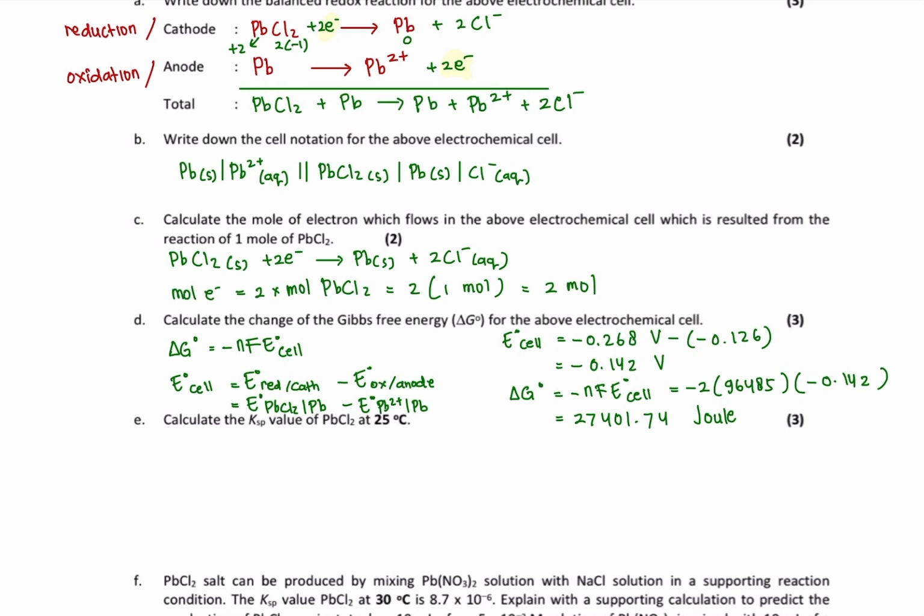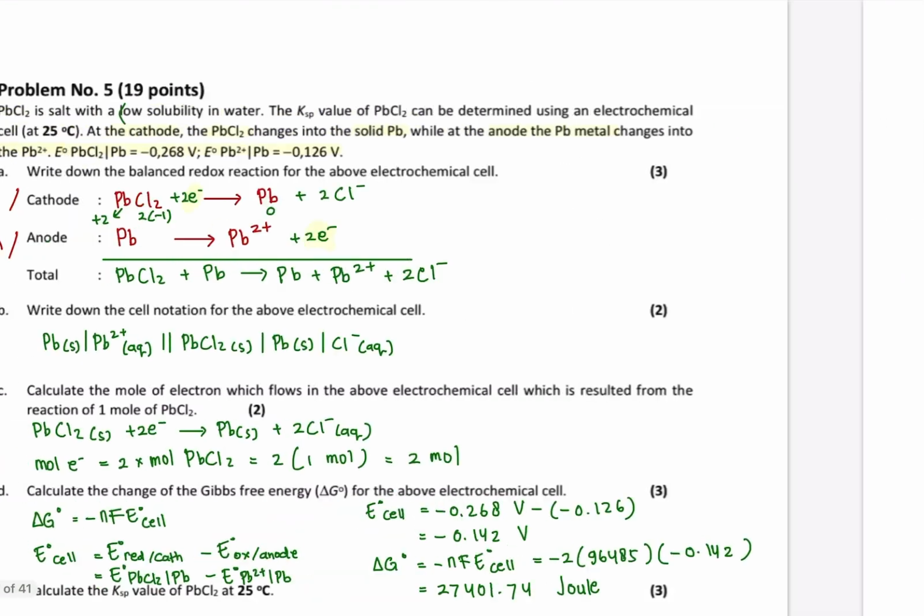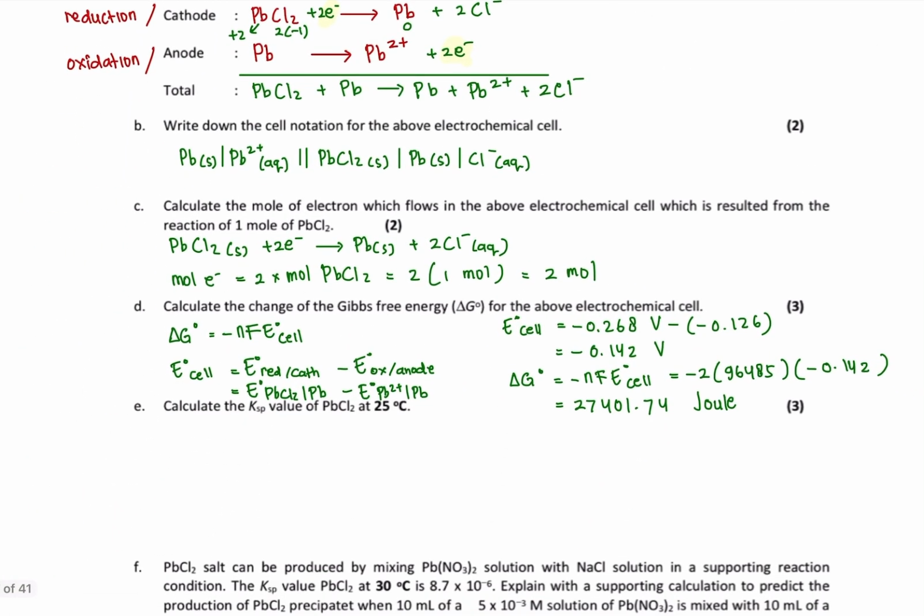If we want to calculate the K related to the reaction in the electrochemical cell, then what we do is, for example, for the total reaction, we can write this down: PbCl2, which is solid, becoming Pb2 plus and 2Cl minus.